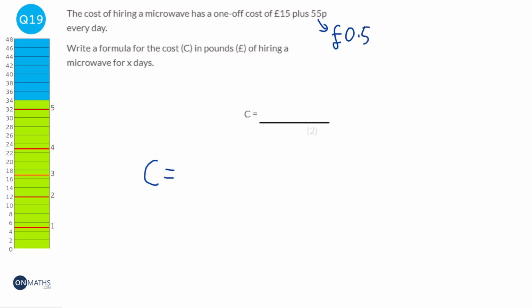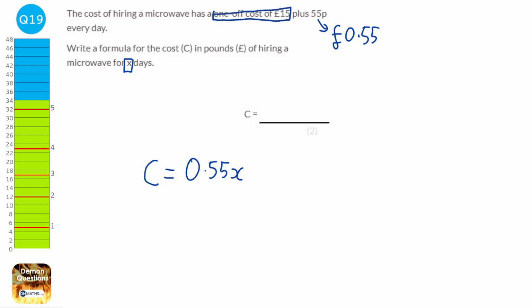So that's going to be 0.55, and it's going to be 0.55 times the amount of days. Well, it says the amount of days is x, so it's going to be 0.55x. Then it says that there's just a one-off cost of £15, so you're going to have to pay £15 regardless. So we're just going to add 15 onto that. So the answer would be C equals 0.55x plus 15.